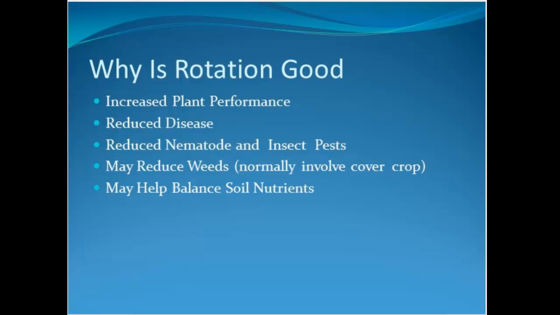In some cases we may also reduce weed pressure, particularly if as part of our crop rotation we're including cover crops. Specifically, mustards tend to reduce weed populations, but there are some others like rye which may also suppress weed growth. Another thing that you'll see touted as a benefit of crop rotation is that some crops use an awful lot of one particular nutrient and not so much of another.